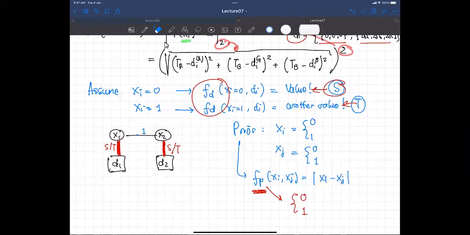Any questions here? Why 1 is there, I will tell you later: 1 is not necessarily 1. It's something to do with our weighting factor, so we can change this 1 into W, or lambda. I will tell you later on. So just assume it's 1.